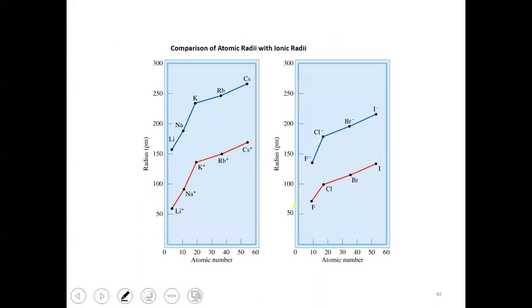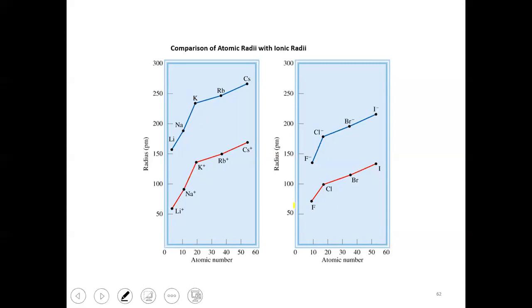Remember, if I have, for example, sodium, and I make a sodium ion, what I'm doing is removing an electron from the outermost shell. That automatically means that I am dropping down to the isoelectronic configuration with a neon atom. In other words, I should have less extension of those electrons, therefore a smaller atom.